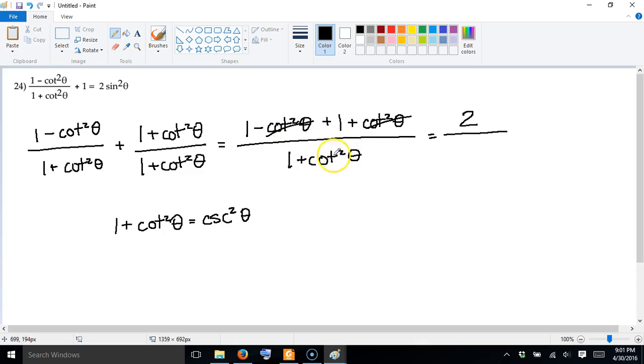So I'm just going to take this denominator, replace it with this here. And that is practically this up here, because the inverse function of sine is cosecant. So we have 2 over cosecant squared, which is 2 sine squared theta. And we're done.